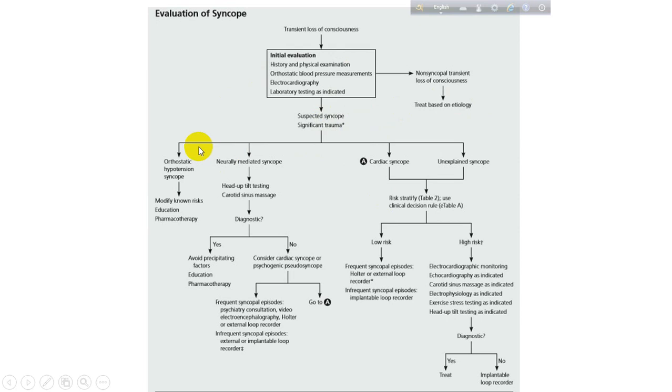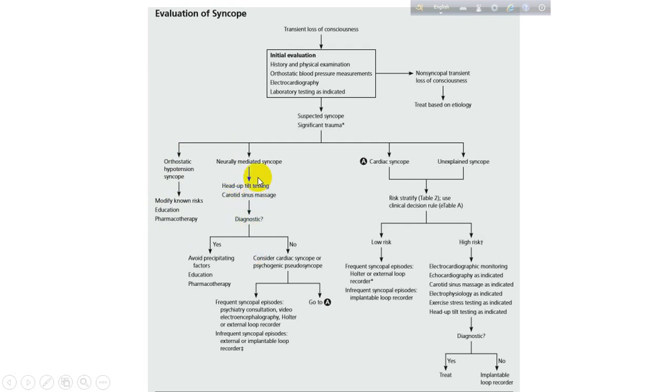There are four categories. It may be orthostatic hypotension syncope, it may be neurally mediated syncope, cardiac syncope, or unexplained syncope. If there is orthostatic hypotension syncope, modify the risk, education, pharmacotherapy. If neurally mediated syncope is suspected, you do head tilt testing and carotid sinus massage.